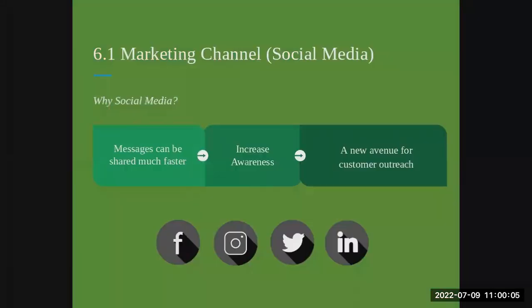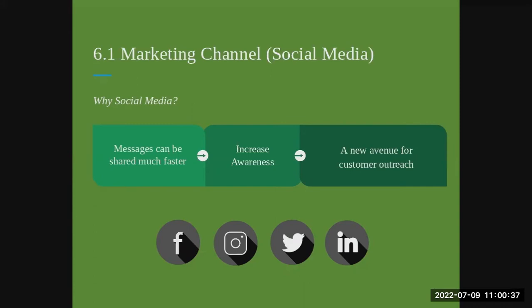Next slide, please. Looking at the marketing channels, social media was the best channel for BT. Why? As you're all aware, if you do have social media, messages can be shared so much faster than with the original marketing. The internet is so fast for sending out new messages. So again, that can go to our next stage, which increases awareness.